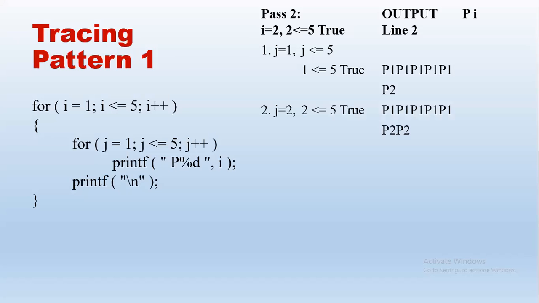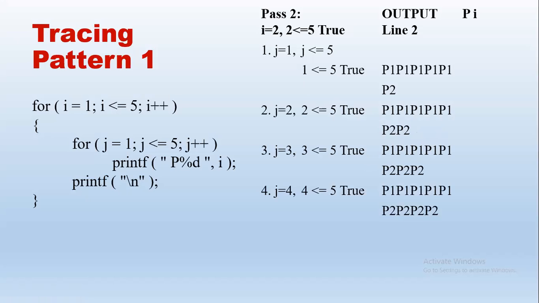Then second step in pass 2, J becomes 2. We print Pi, I is 2, so P2 is printed the second time in line 2. Then J becomes 3, so P2, which is the value of I, is printed the third time in line 2.